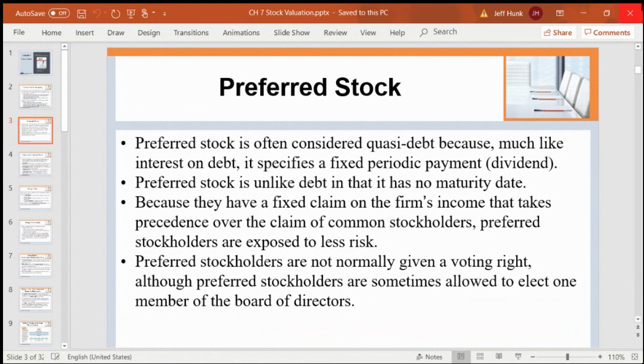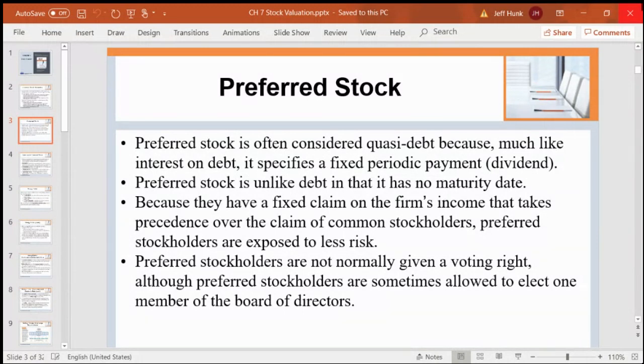Because a fraction of the profit is being paid out as dividend. So if the profit goes up, dividend will go up. Profit goes down, dividend will go down. Because of the dividend payout ratio, right, the percentage of the profit that is being paid as dividend, let's say it's 10%.